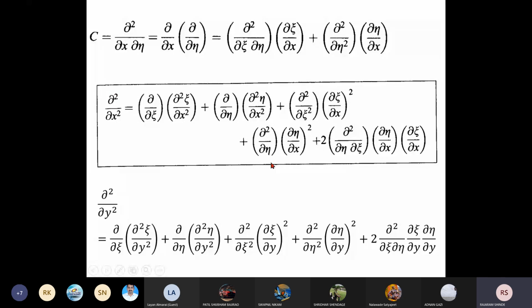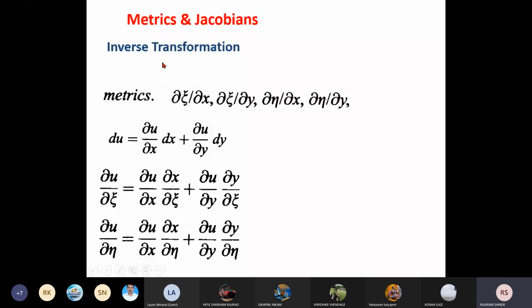Next, from the transformation we are getting the matrix and the Jacobian. The matrix I have already shown. Now the Jacobian we need for inverse transformation. For inverse transformation we took the first order derivative example, and we got this Jacobian term.